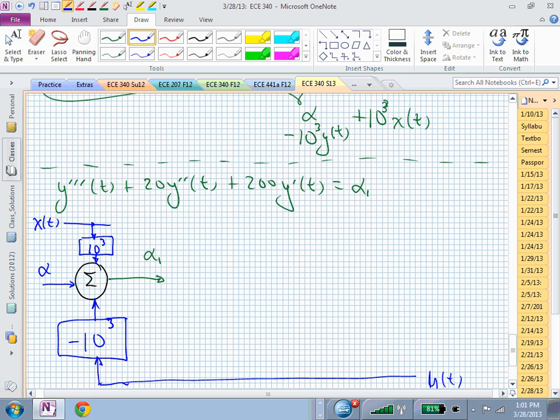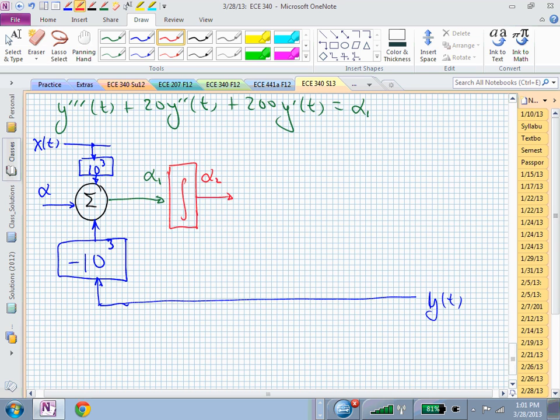Why don't I integrate that? And that would reduce my derivatives by a power, or by 1. Meaning, if I now integrate alpha 1, I'm going to produce an alpha 2, and what's alpha 2 going to equal?